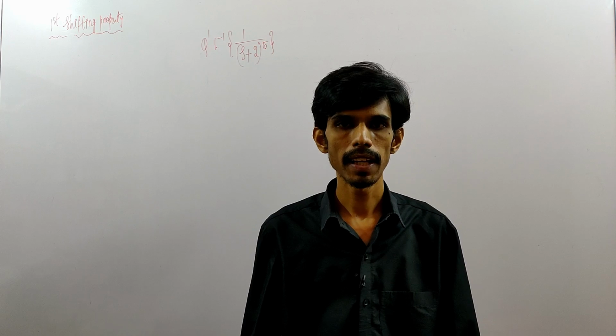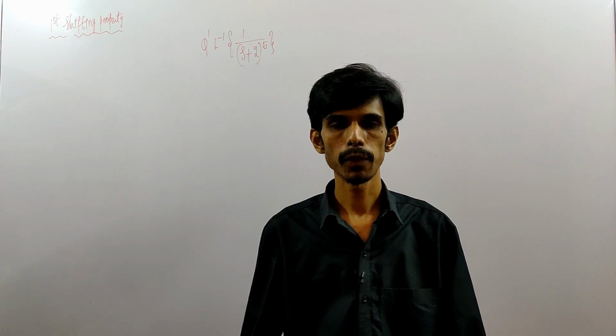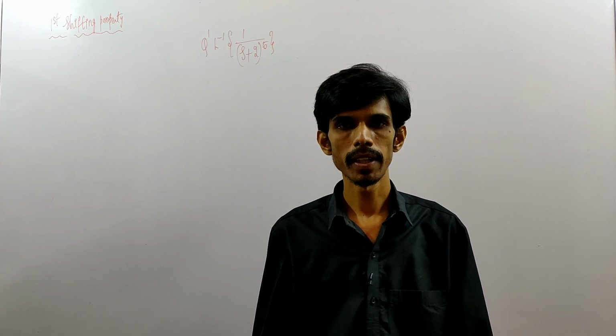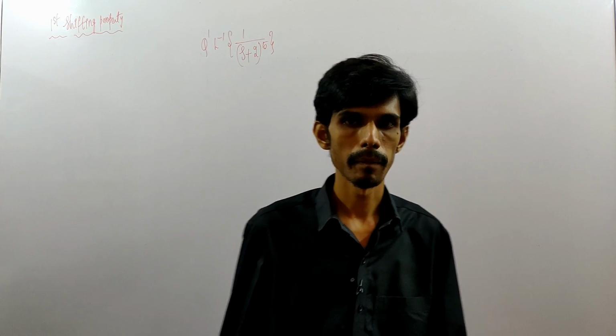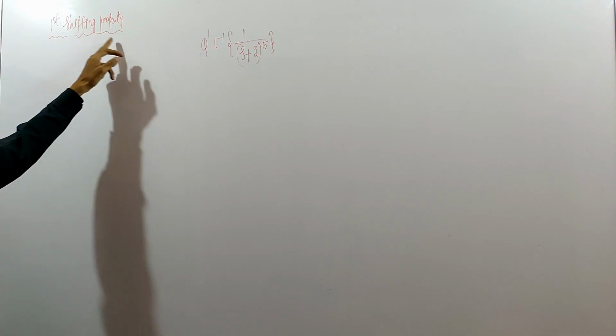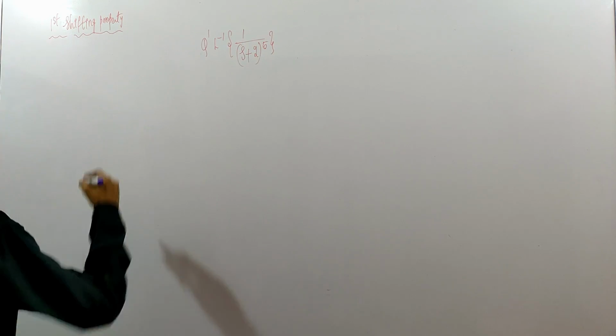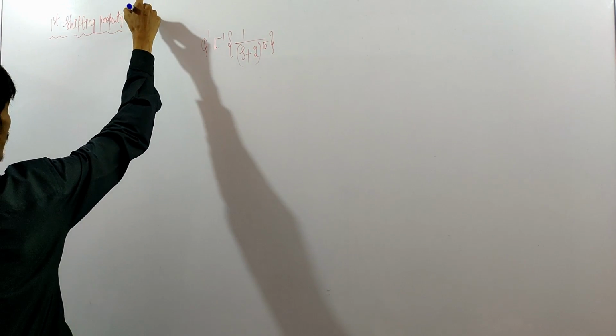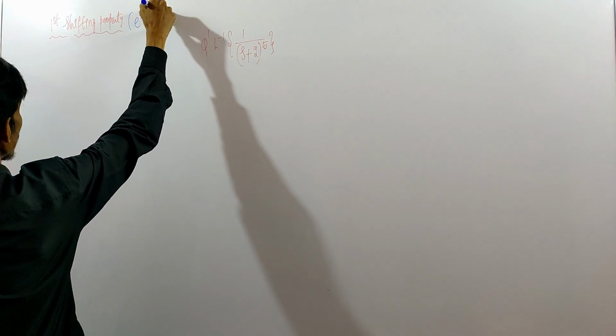This is Sayyed Ismail. In this video lecture, I am going to explain the first shifting property for inverse Laplace transform. First shifting property, that is the e power of plus or minus at property.